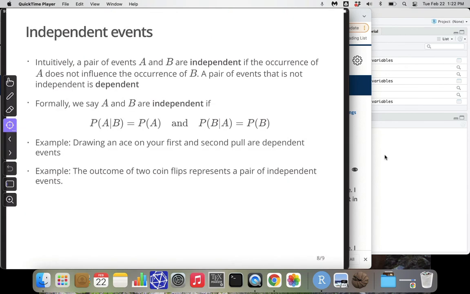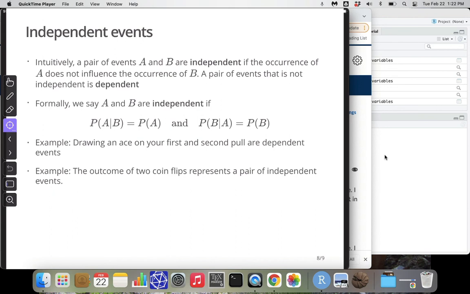This brings up an important idea, and that is the notion of independent events. So intuitively, we say a pair of events, A and B, are independent if the occurrence of A does not influence the occurrence of B. And if a pair of events is not independent, we say that they are dependent.